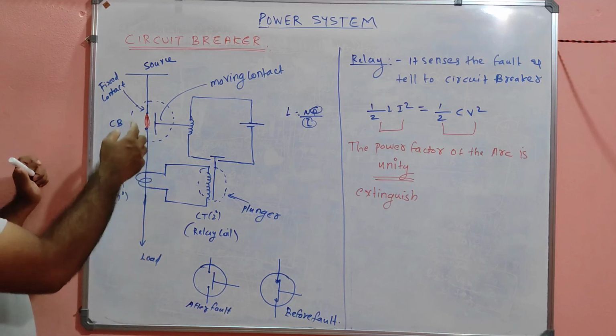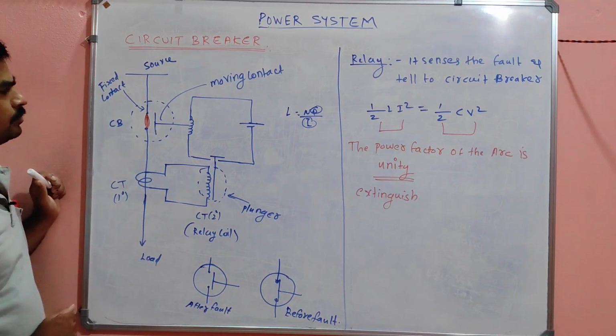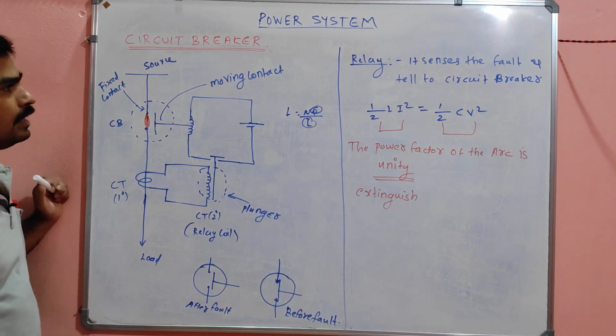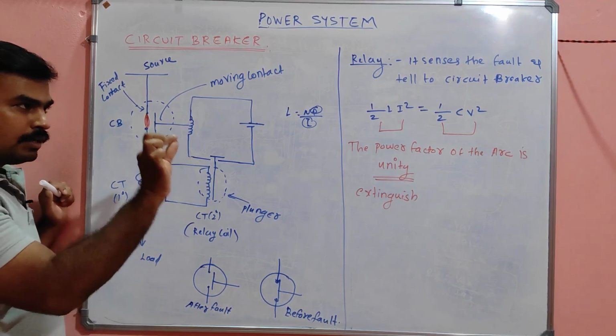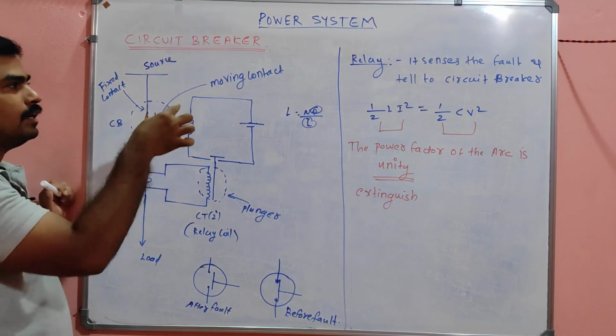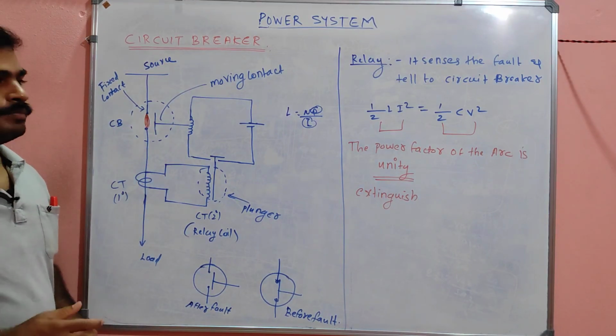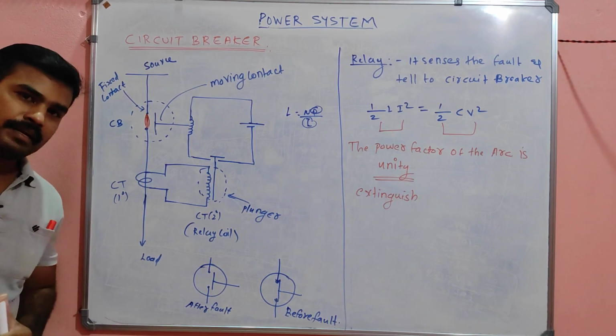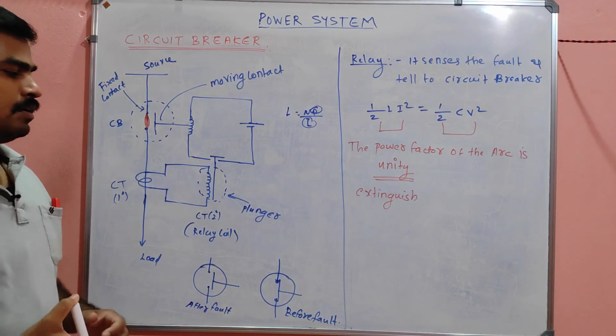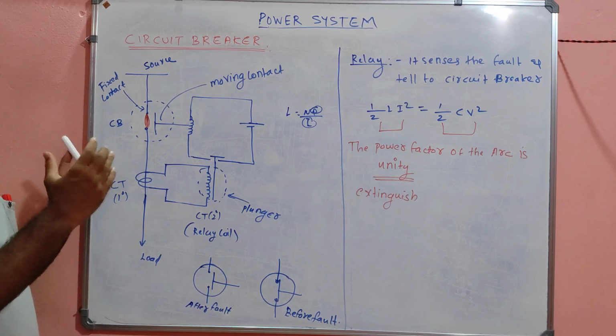Is it clear? Actually, by hand, we are moving the contact and trying to connect it again. That's all about the circuit breaker. In the next class, we will talk about some important terms in the circuit breaker.